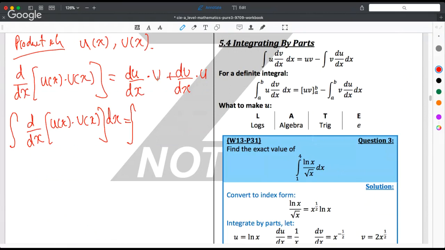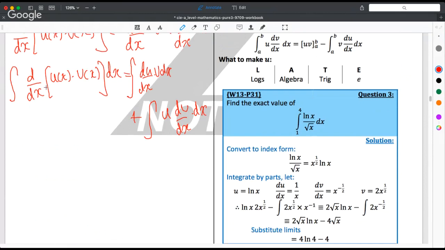I think I'm going to swap the order of these. That's obviously fine. They commute with each other. Just to make it more apparent, so I'll put the u here first, dv by dx.